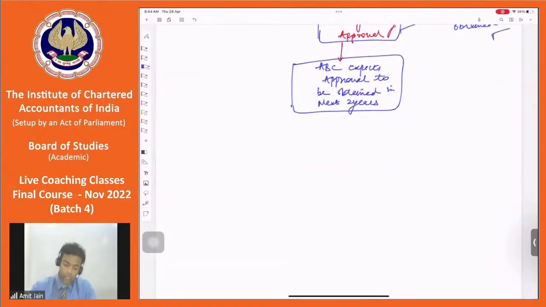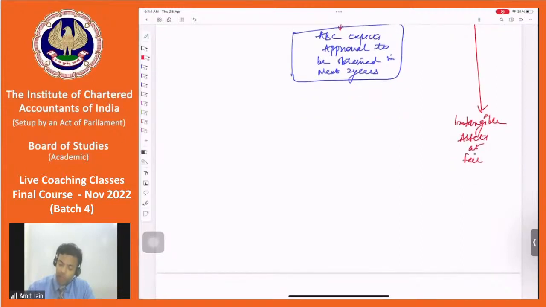So what will be the answer? Answer will be very clear. It will be recognized as intangible assets at fair value, right? This will also be an intangible at fair value, right?